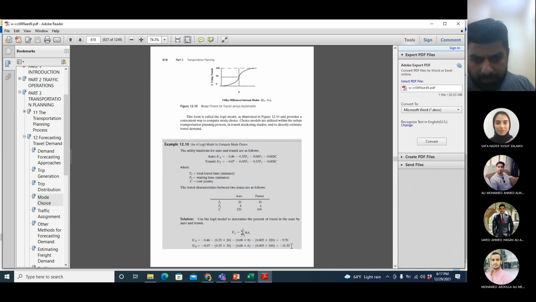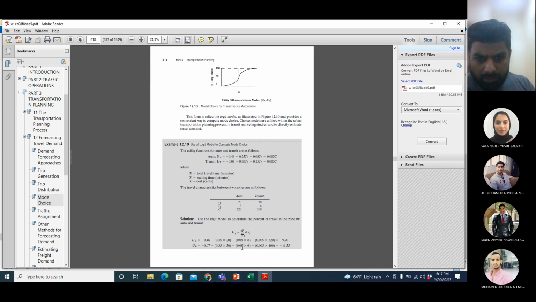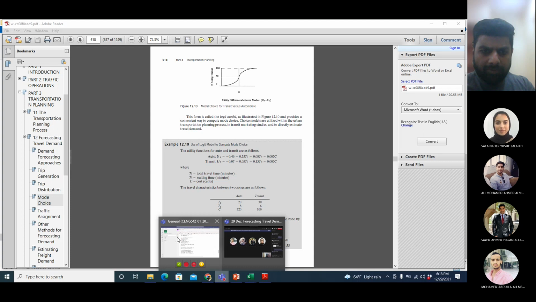Okay. So here, this is a calculation mistake, no problem. There's a 0.08 into 6 and 100 into, okay, fine, this is a calculation mistake. So this should be 11.55.